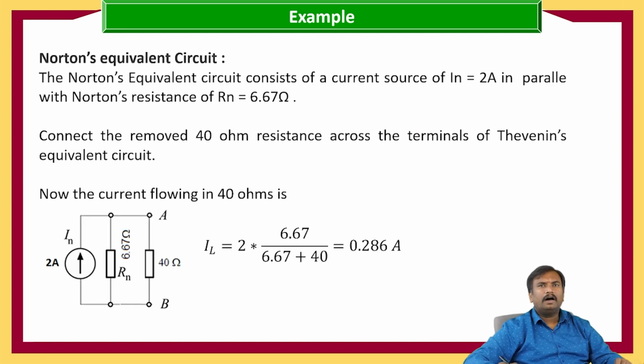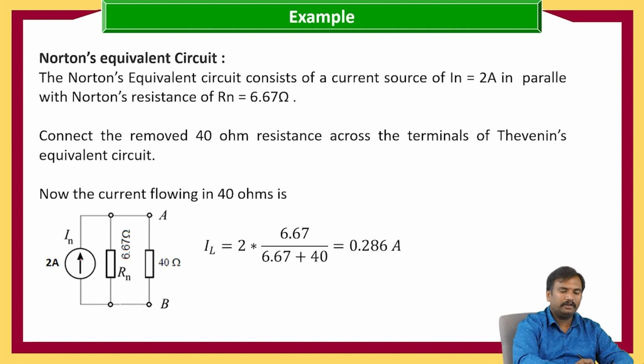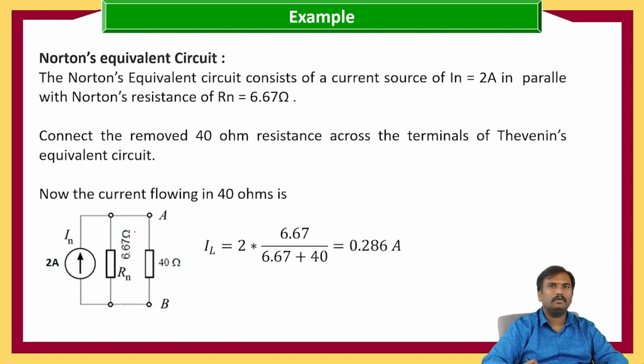Now, after calculating Norton's current and Norton's resistance, we replace the circuit with Norton's current source in parallel with the resistance. Here we are replacing it with a Norton's current of 2 ampere current source in parallel with 6.67 ohms. Now, what is our final output required? We need to calculate the load current, the current flowing through the 40 ohm resistance.